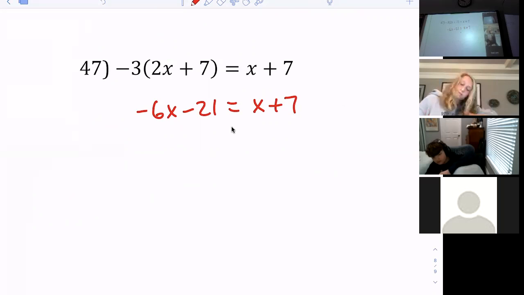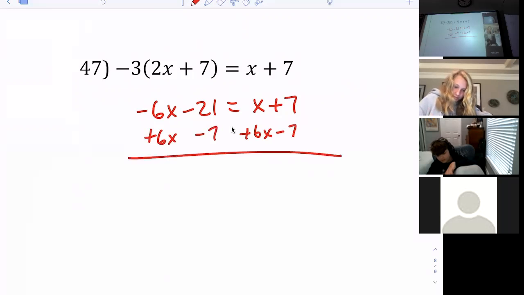And then don't you want to give the variable? Yes, I'm going to push the variable which direction? To the right, because I want the variable to be positive. So I'm going to add 6x. Add 6x. Then minus 7, minus 7.